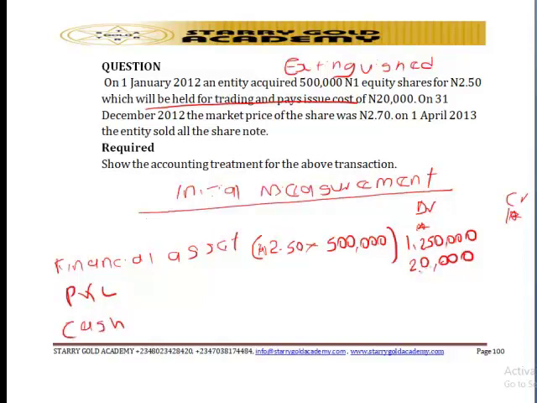We acquired this for 1,250,000, then P or L, because it's held for trading, 20,000. Usually derivative instruments are held for trading. So the total cash that we released was 1,270,000, which will be credited, because cash is leaving us. Are we making any sense at all? So that's the first measurement, on initial measurement.